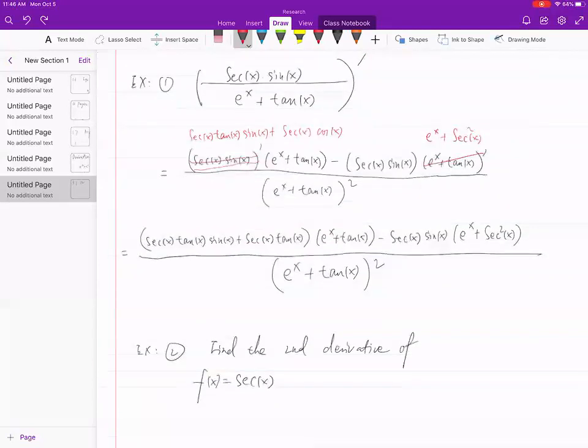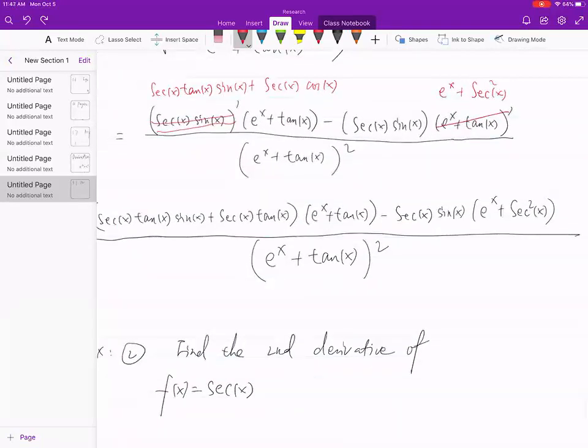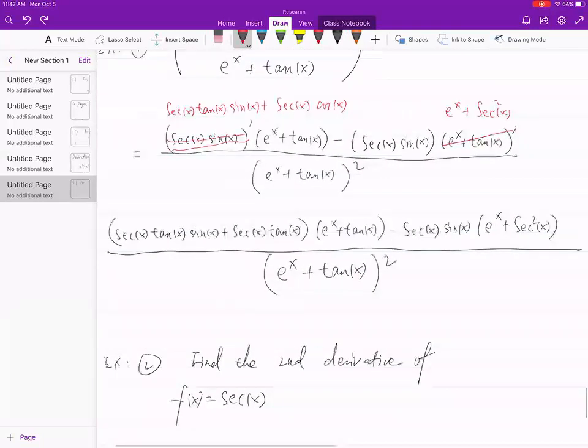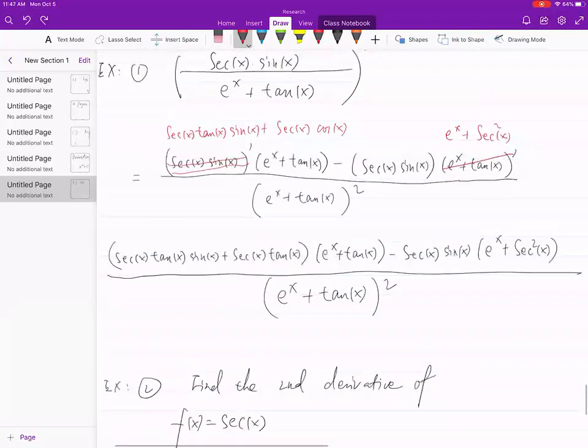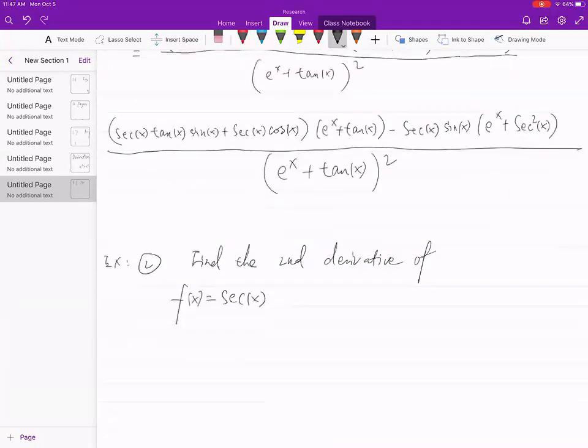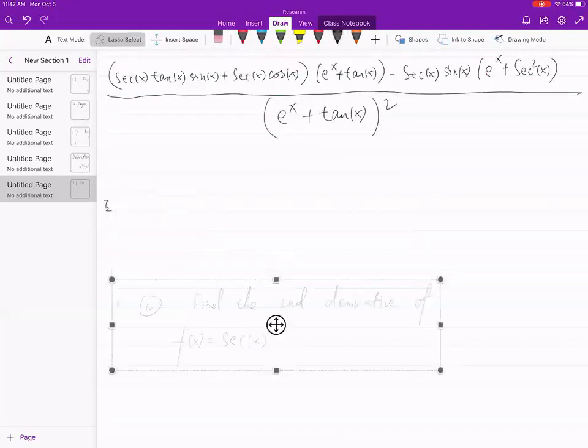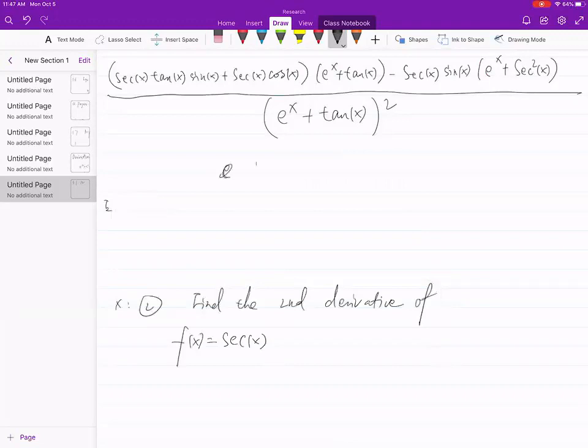Second, in our class, you can stop here. Some people may say, well, there are certainly things you can make better. For example, if you see secant x times cosine x, you can write it as 1 over cosine x times cosine x, which equals 1.